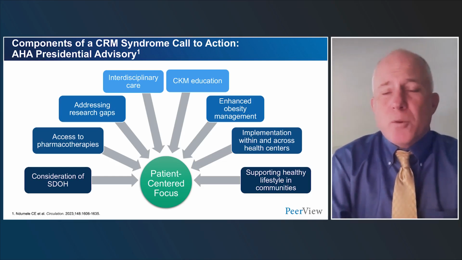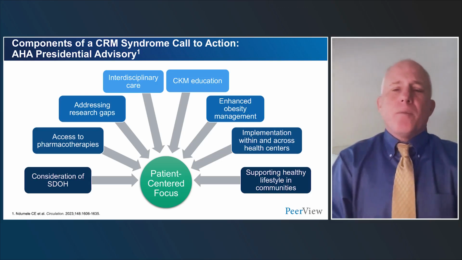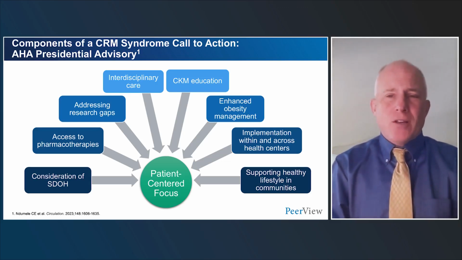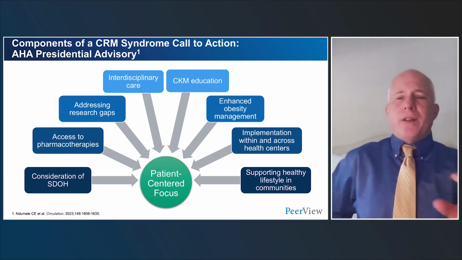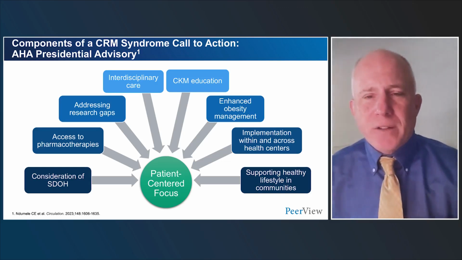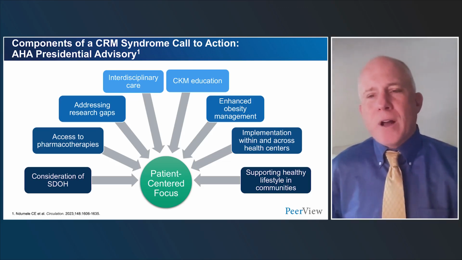We also have to make sure that we're looking at proper education for clinicians and patients and caregivers, making sure we know that obesity management is central to all of these conditions, and finding ways to implement this in a variety of health systems that have different strategies but will need similar interventions.